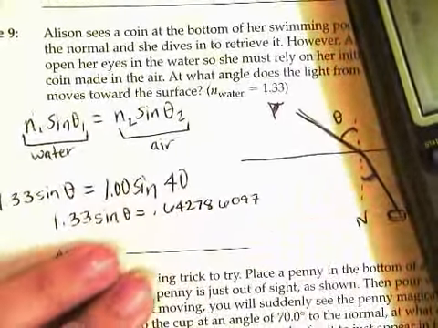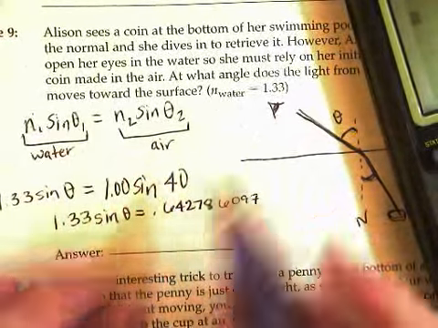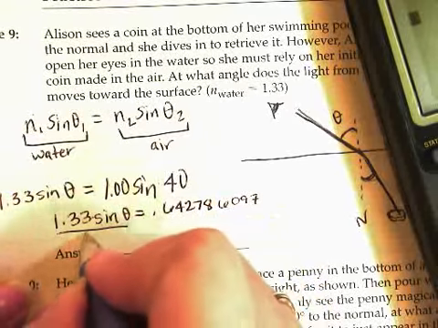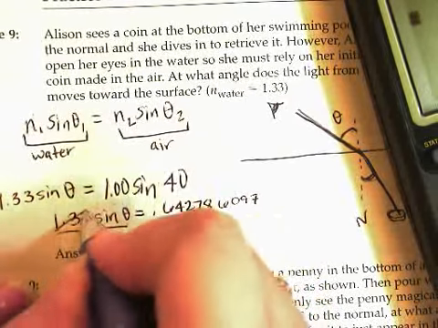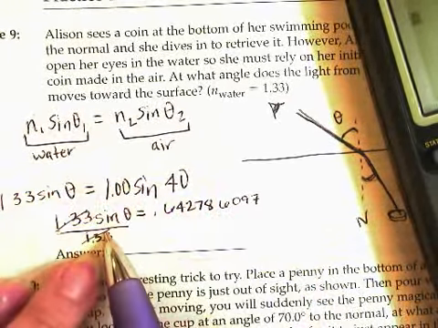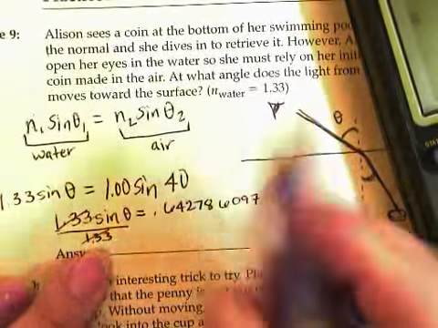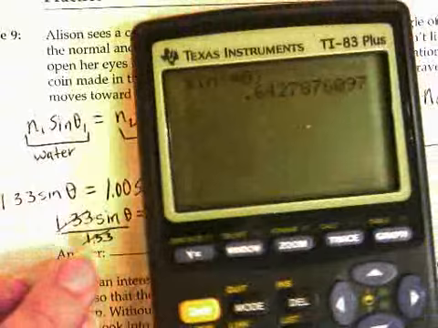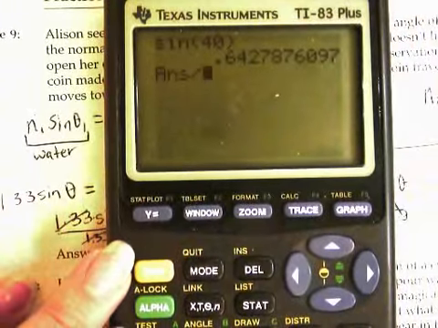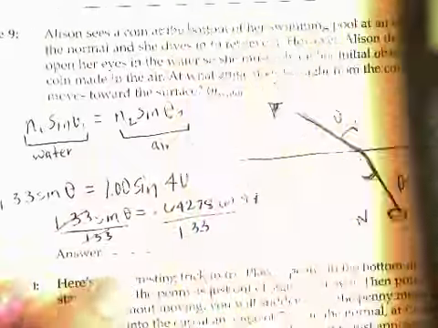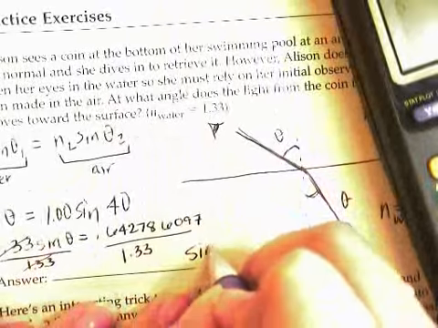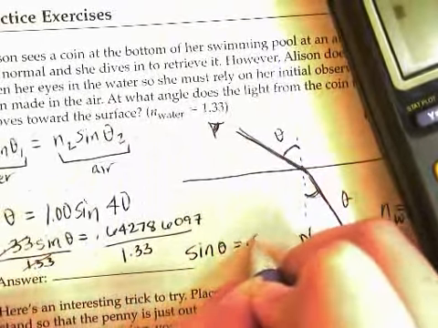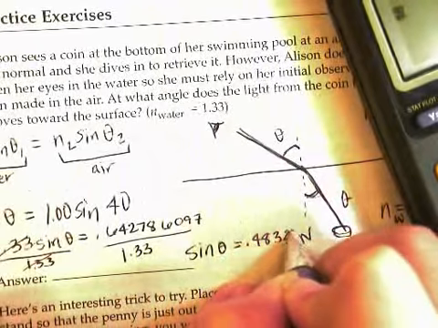All right, now the next thing I need to do is get sine of theta to be by itself, and since it's being multiplied by 1.33, to get rid of it, I would divide by 1.33, and whatever you do to one side of the equal sign, you must do to the other. So let me go ahead and type that into the calculator, and I get the sine of theta is equal to 0.48329.